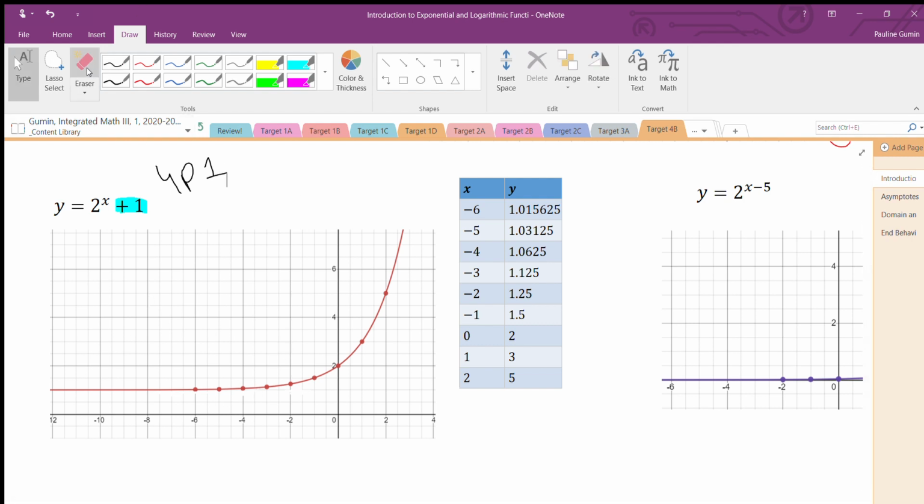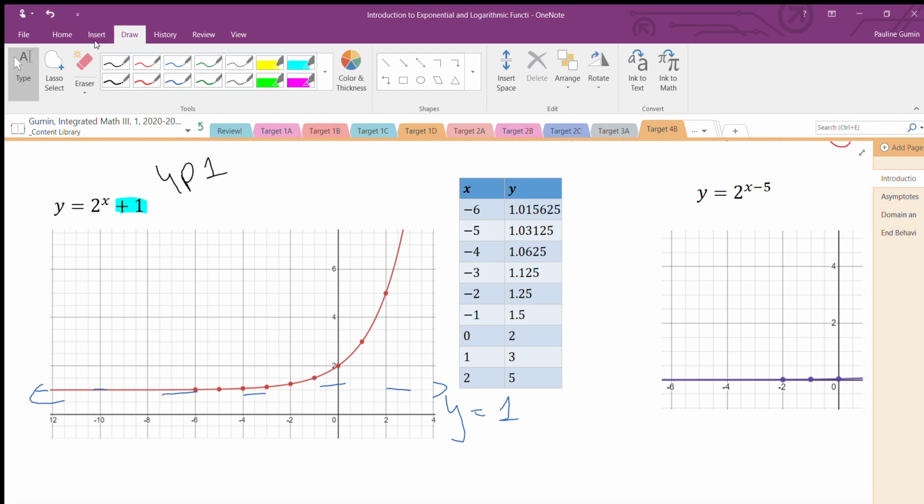Now, if we didn't have the equation, we can look at it differently. First, we can look at the asymptote. We can see what it is flattening out to. Here, it's getting closer and closer, to y equals 1.